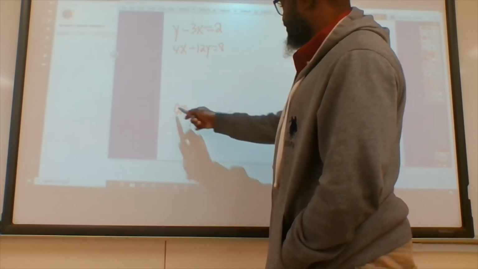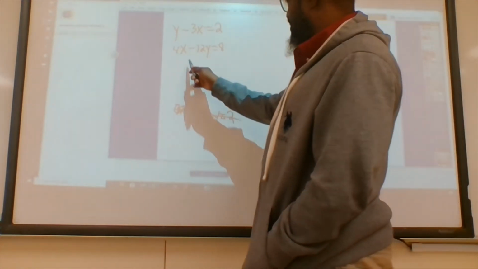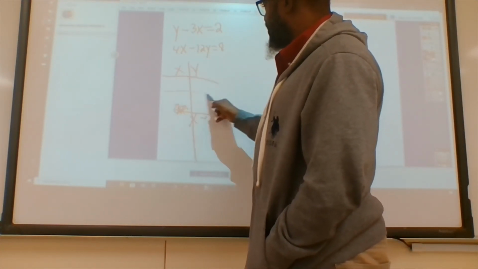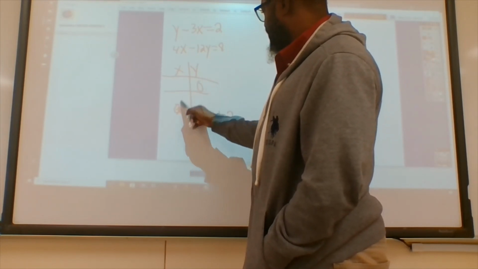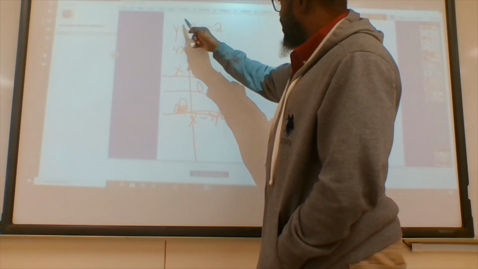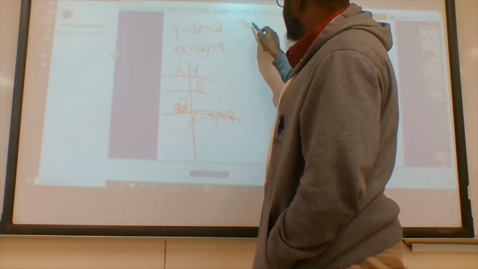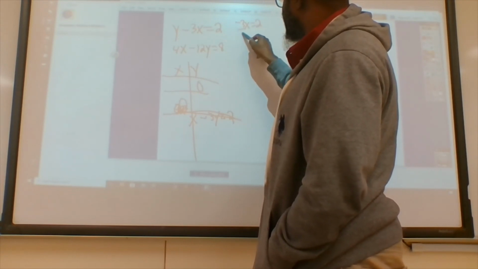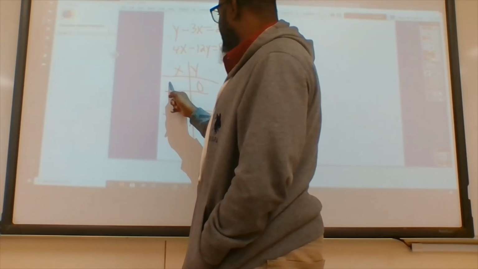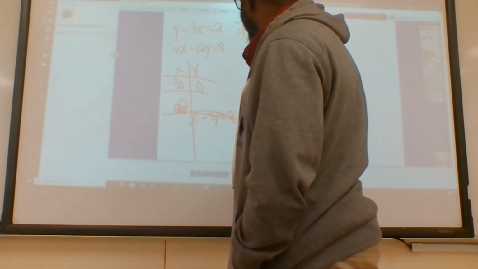Right, so let's find x, y. Now let y is equal to 0. I will have negative 3x is equal to 2. You divide by negative 3. Then my intercept will be negative 3/2.